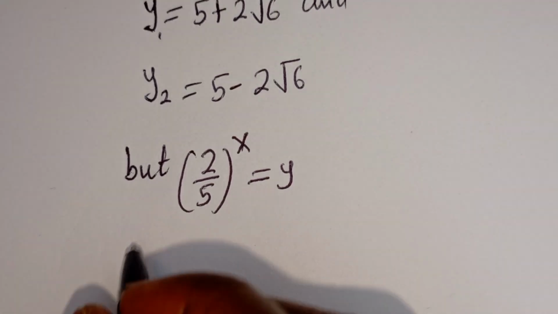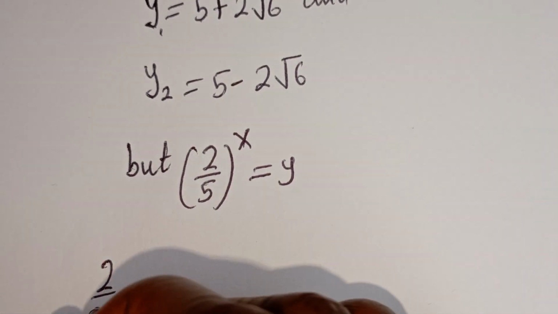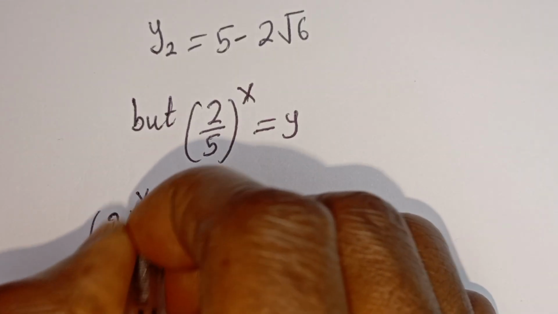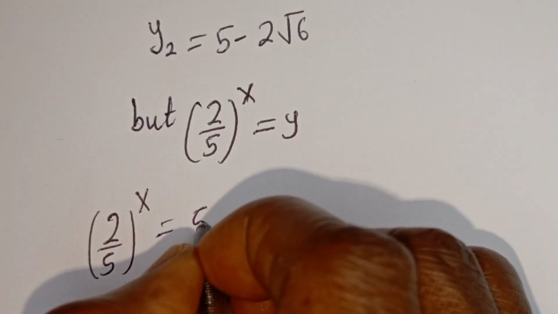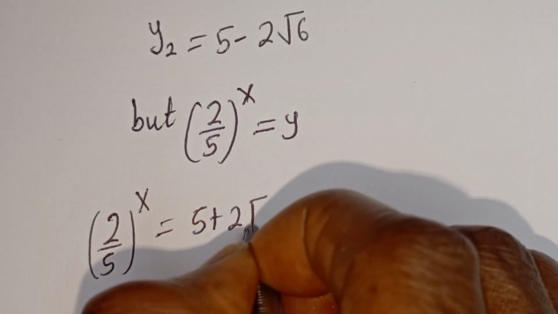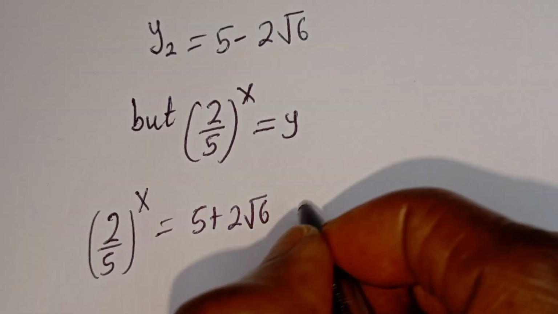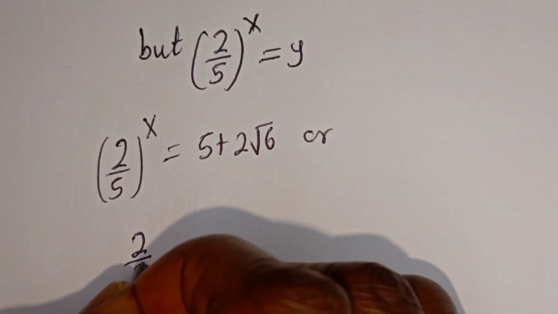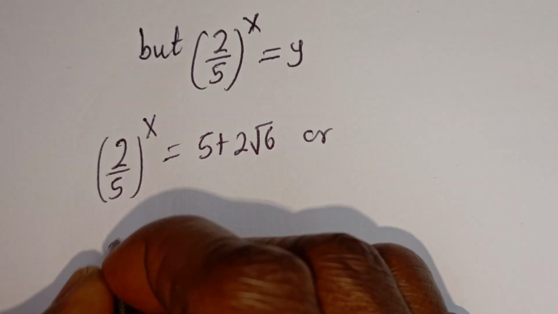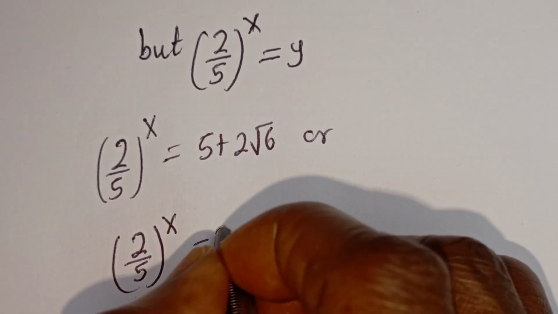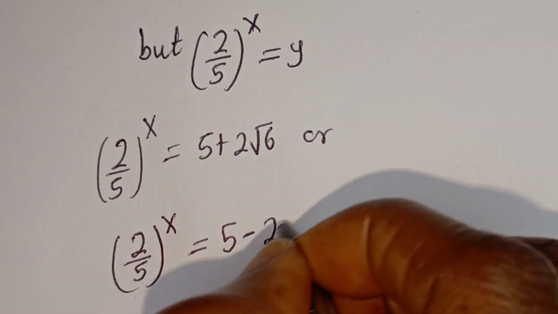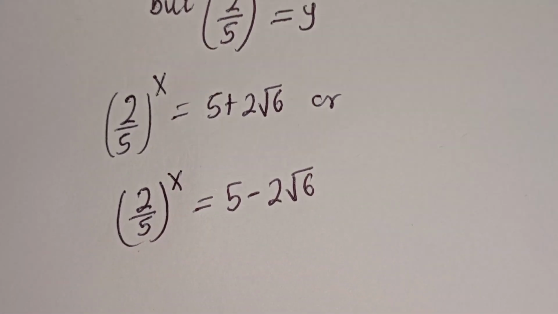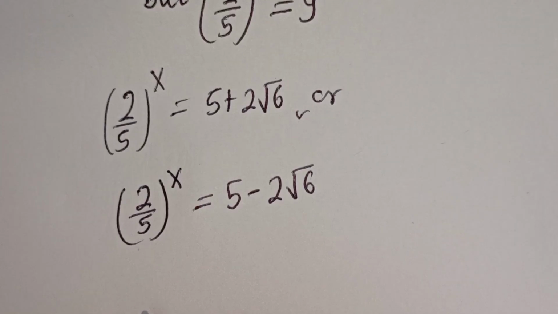Then from here, 2 divided by 5 to the power of x is equal to y1, that is 5 plus 2 square root of 6, or 2 divided by 5 to the power of x is equal to 5 minus 2 square root of 6. Now let's consider this.